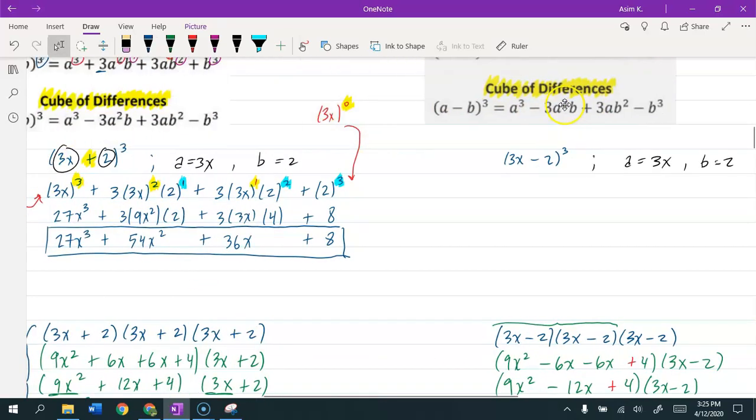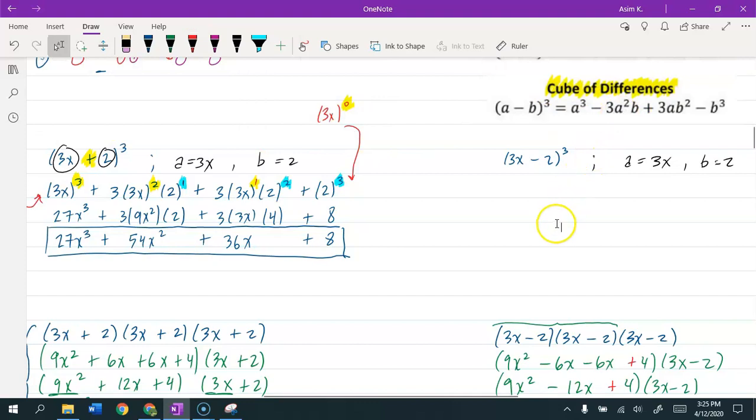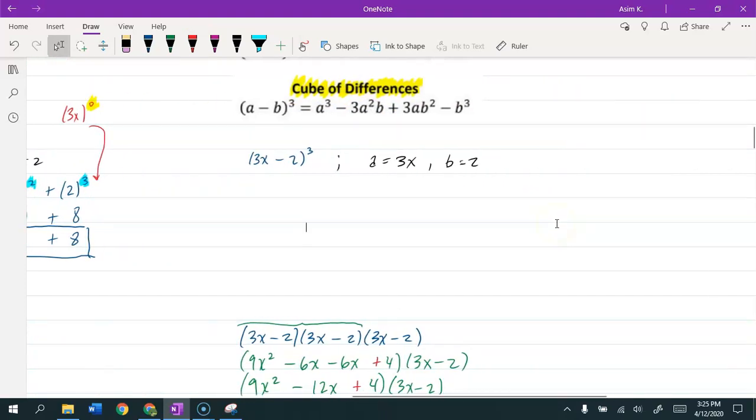We copied a formula that's going to be very useful to us, which is known as the cube of differences formula. The best way to memorize these, I'll be honest with you, is just keep writing them, and eventually it does settle in for you. So this one will go a little bit quicker with 3x to the power of 3, so that's the first term cubed, then a subtraction sign according to the formula, then 3, and then that first term squared, so 3x squared, and then multiplied by b, which is simply 2.